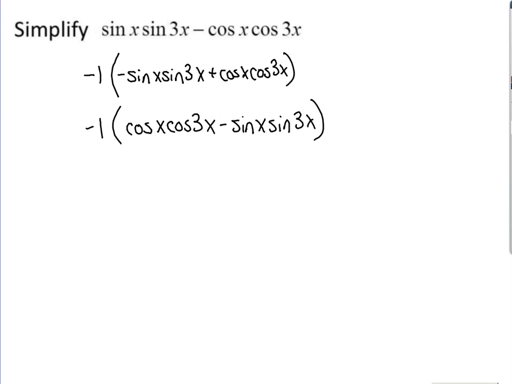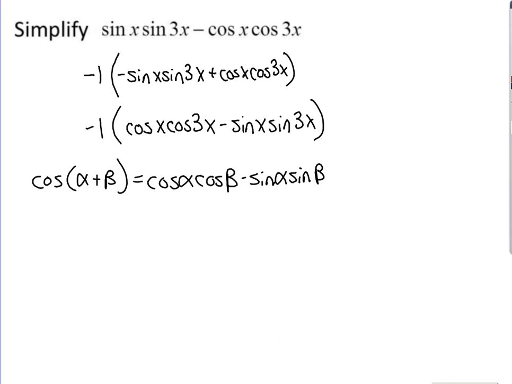Now this looks like our cosine sum identity, because the cosine of alpha plus beta is equal to the cosine of alpha, cosine of beta, minus the sine of alpha, sine of beta. So in this case, our alpha is x, our beta is 3x.